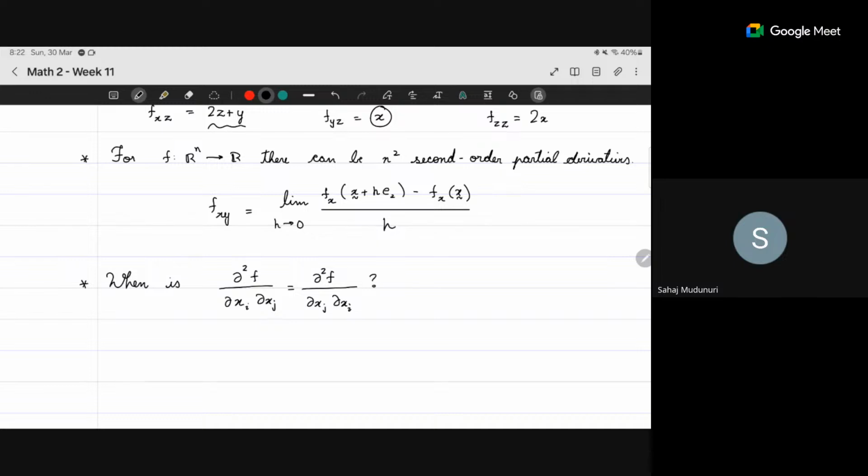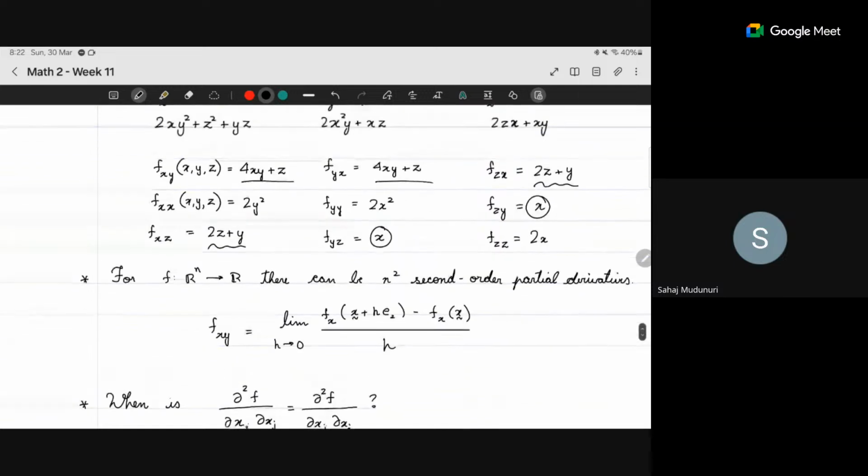That is, you take f, differentiate it with respect to j first, you take the jth partial derivative, and then you take the ith partial derivative of that. But what is the other quantity? You take the function f, take its ith partial derivative, and then take the jth partial derivative of that. So you do j first and then i, that is this. You do i first and then j, that is this.